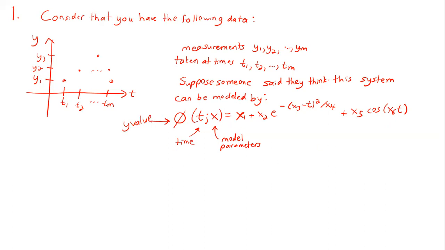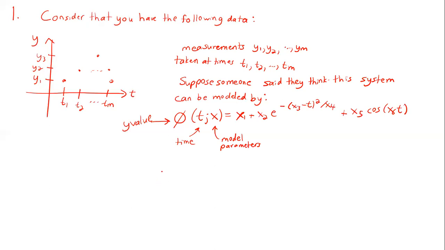They said, I think this describes how y changes as a function of both time as well as a function of some parameters I don't know yet, but once I fit those, x1, x2, x3, x4, x5, and x6, then this model is going to do a good job of predicting what's going to happen at a given time.